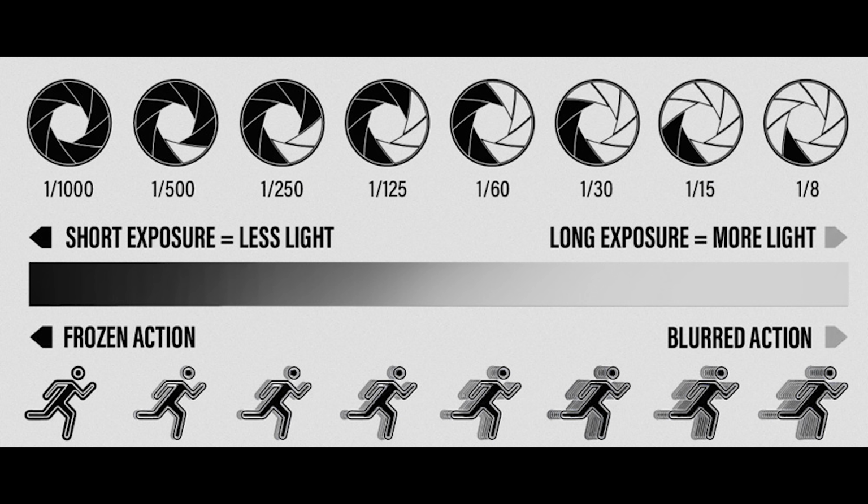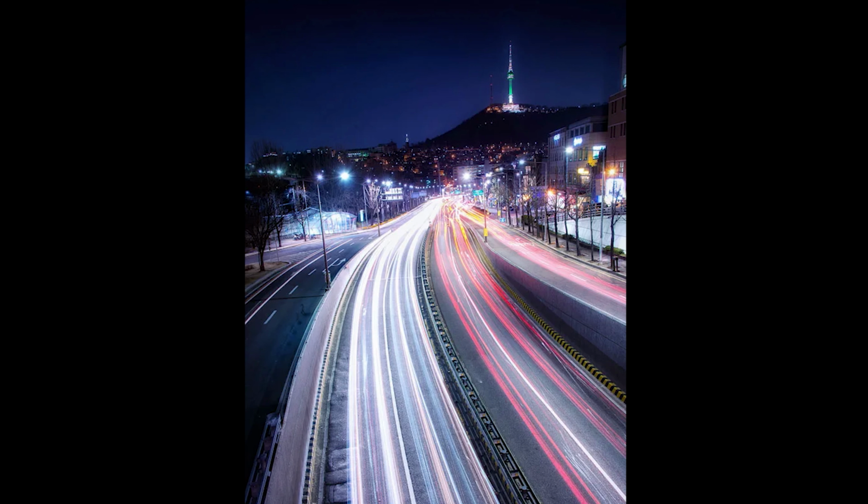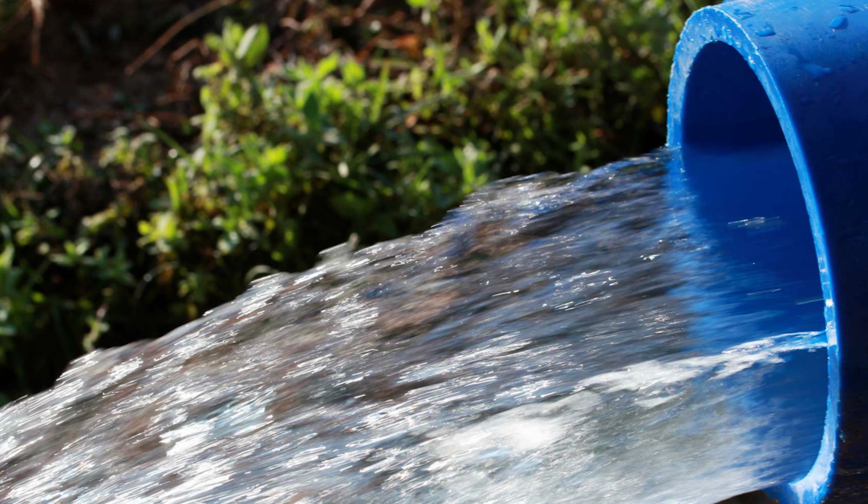Medium shutter speed, which is 1 out of 100 to 1 out of 200, will give you general purpose photography, which I'll advise you to use, and also create a sense of blurry motion. Slow shutter speeds, 1 second and above, will capture low light images and create motion blur or artistic effects. For example, light trails or water flow.